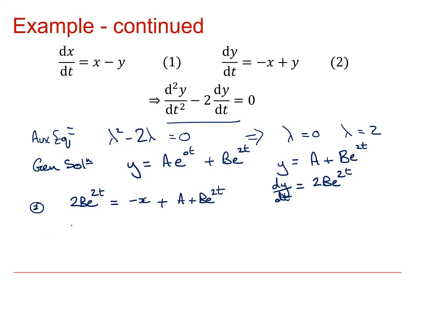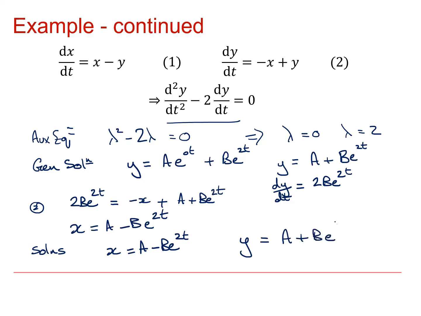Rearranging that gives me x equals a minus b e to the 2t. And so my solutions are x is equal to a minus b e to the 2t, and y equals a plus b e to the 2t.